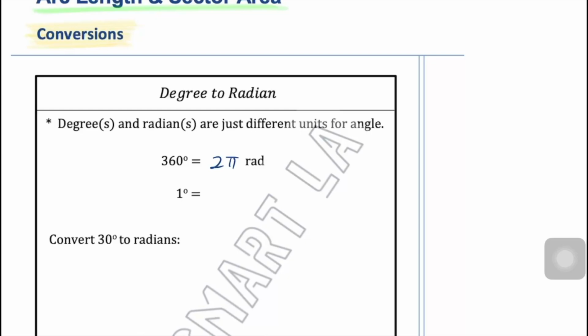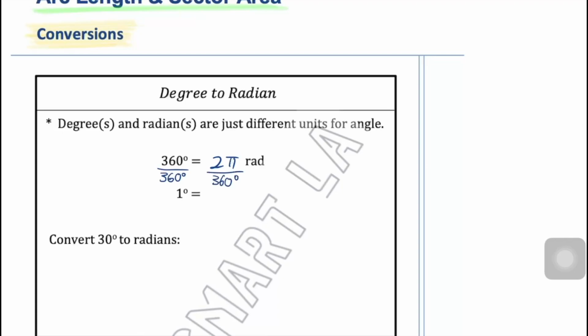So that would mean that to convert any amount of degrees to radian, you will need to first be able to find 1 degree, right? Because if you have 1 degree, you'll be able to find any amount of degrees that you want, and convert any degree to radian. So for 1 degree, it is dividing the 360 on the left side by 360, and then I divide the right side by 360 as well.